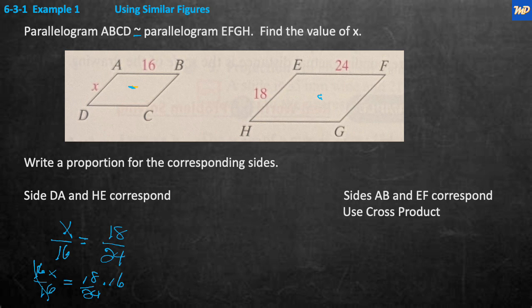If we get out the calculator, we'll find that 18 times 16 divided by 24 is equal to 12. So x equals 12. I'll write it right here. X equals 12. Okay, so side DA and HE. DA, that's this side here, x.